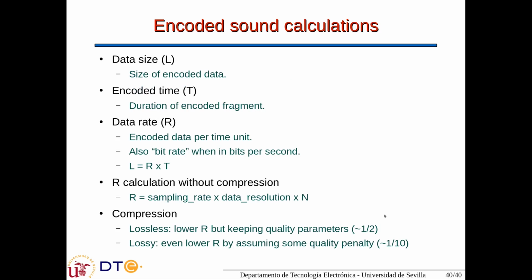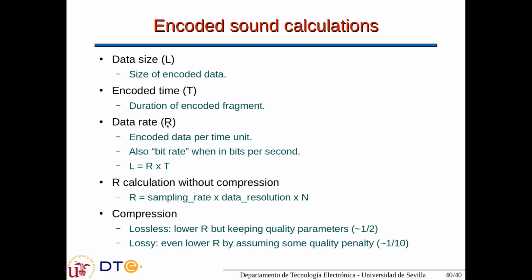So if we want to make some typical calculations when we have some kind of sound encoded, there is the data size, how much data I have to store, measured normally in bytes or megabytes or something like that, the time that we have encoded, how long the sound is, and the data rate.